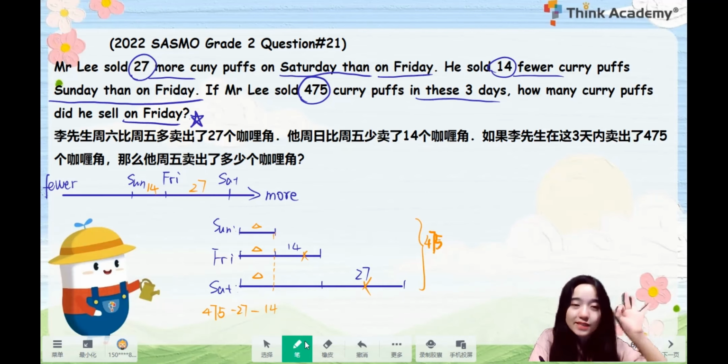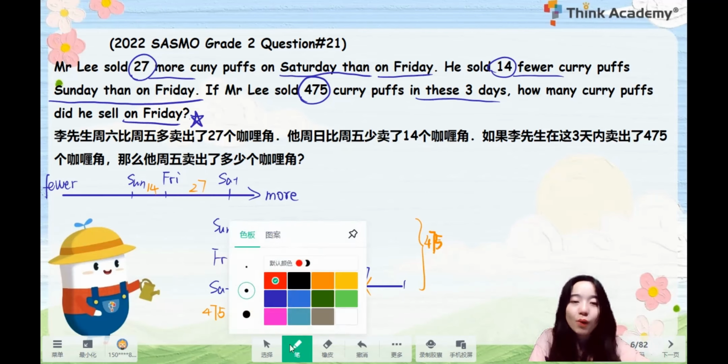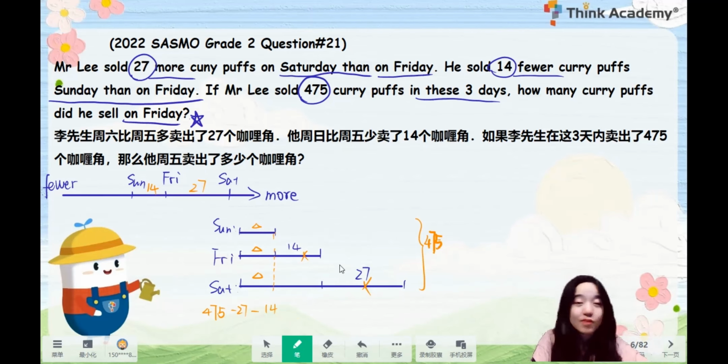But as you can see, have we taken away all the extra parts? No, because Saturday still has an extra part. How many curry puffs does it represent? Good job, you can see it is the same as the line above, so it also represents 14. Take away another 14. That is the total of the 3 parts.